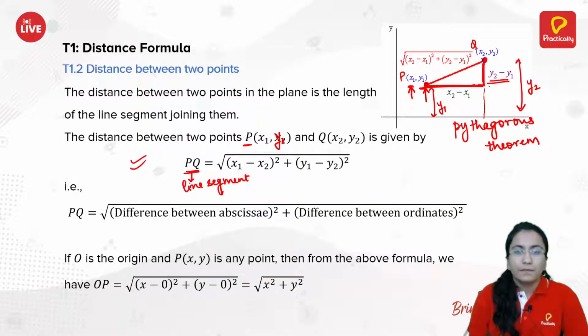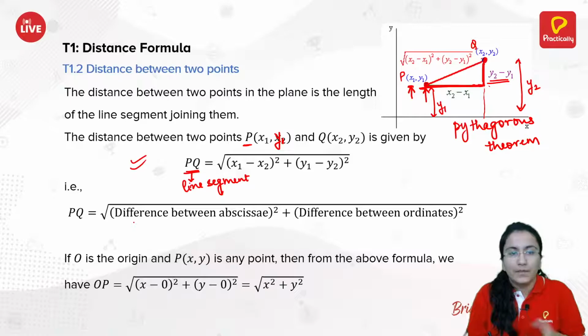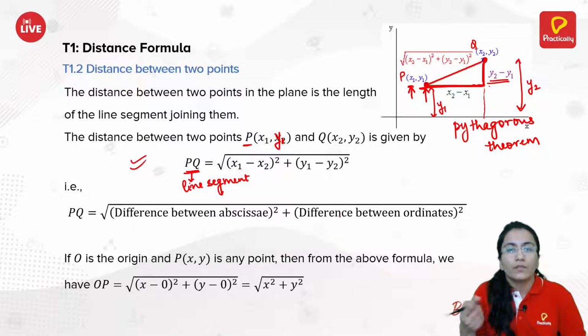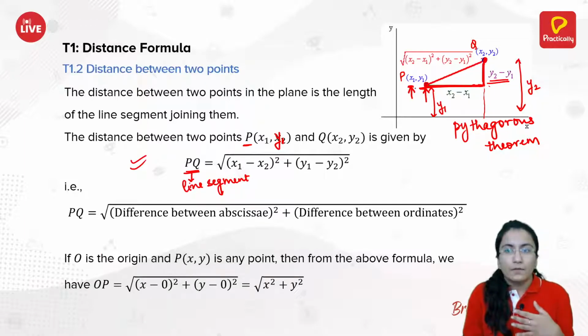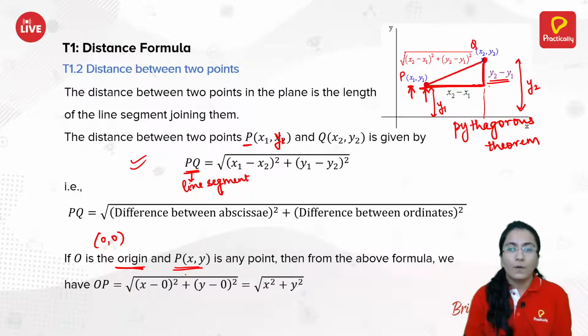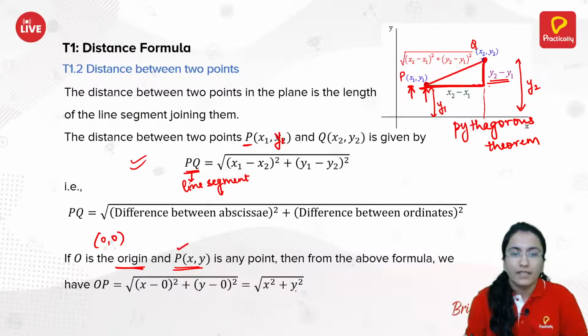It can be remembered as the difference between both the abscissae plus the difference between the ordinates, squared, and taking the sum. If one of the points is the origin and the other point is P, expressed as x comma y, that is derived from this formula only.